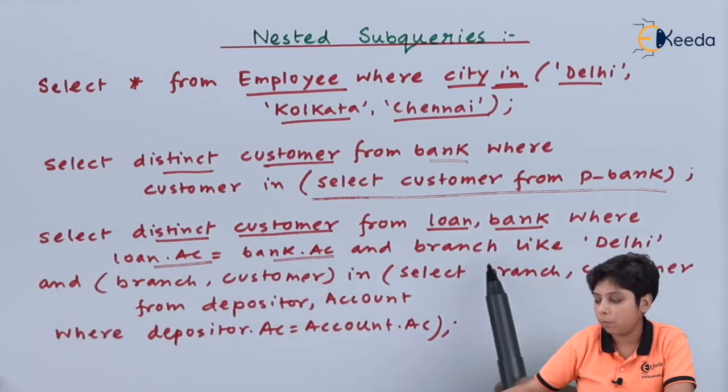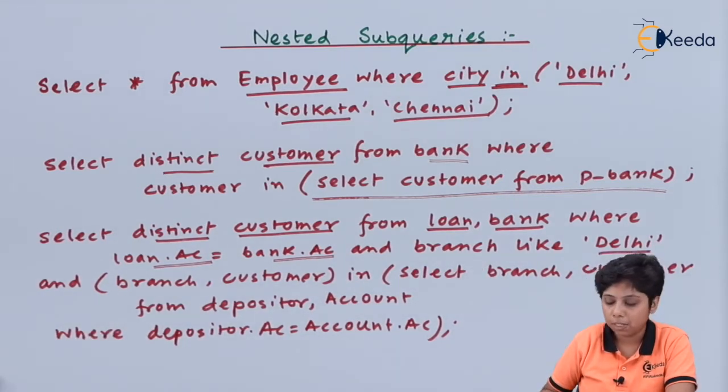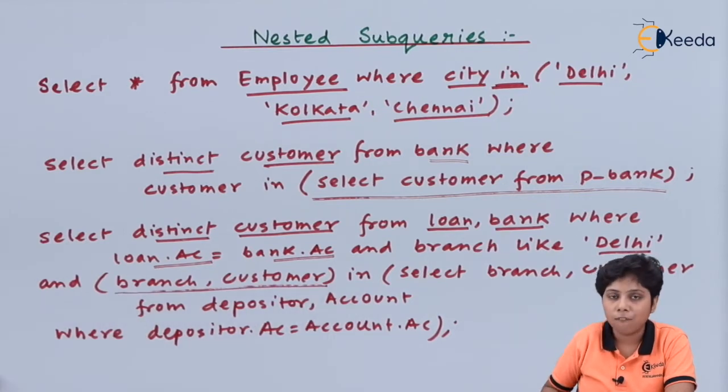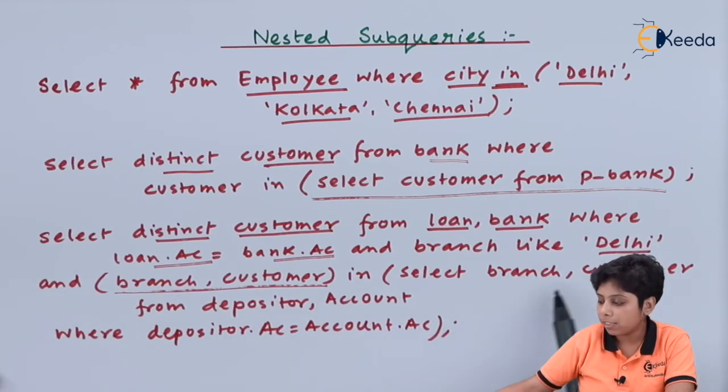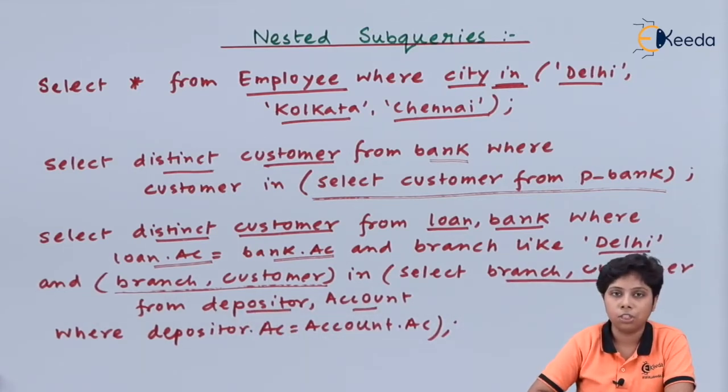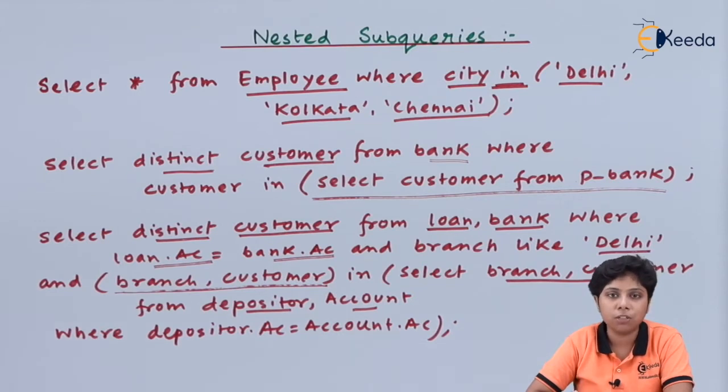Based on where the branch will be Delhi, and the pair branch comma customer will have their range in the domain of the set, we are selecting the branch and customer of the depositor and account. So actually the question is about the loan account which has been paid by the customers who are a depositor of an account.